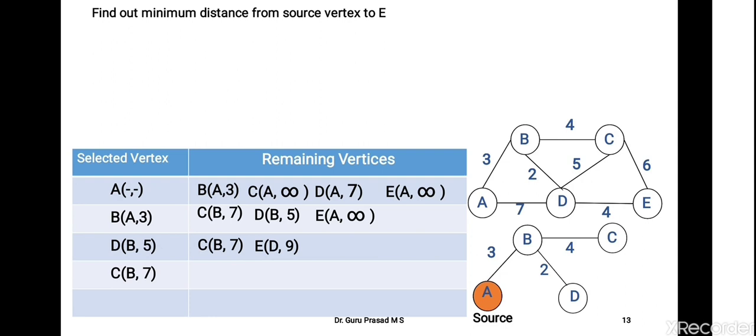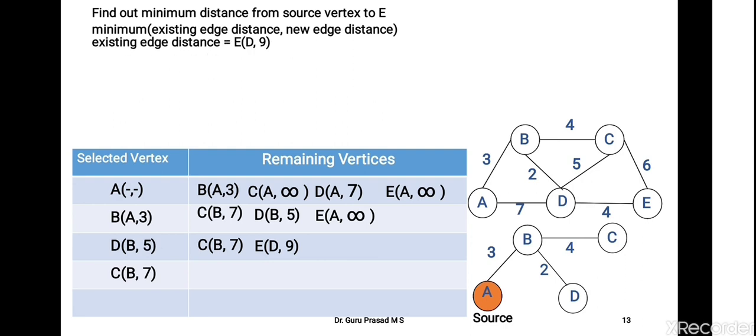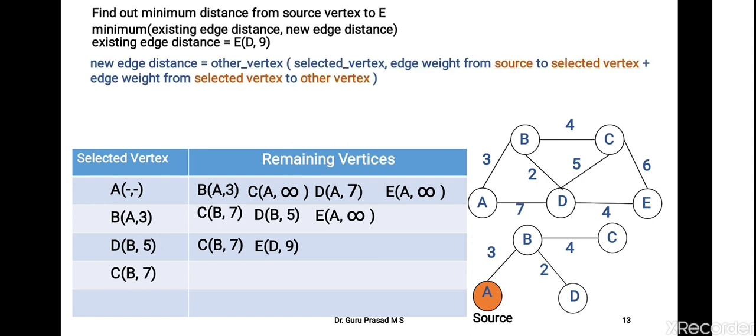Find out the minimum distance from the source vertex to E. Minimum of existing edge distance comma new edge distance. The existing edge distance is E of D comma 9. Observe the third row, that is the existing edge value. And this is the equation to find the new edge distance.